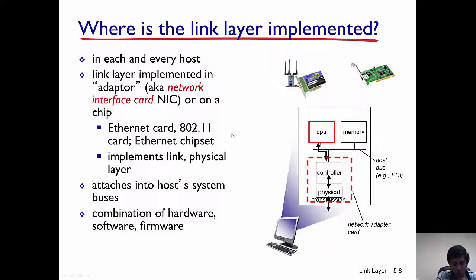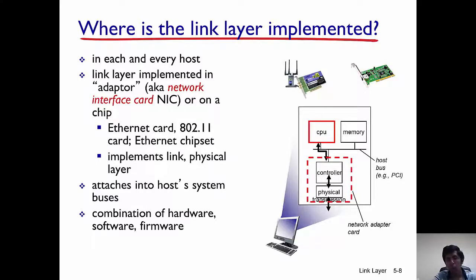Before we talk about error detection and correction, which is going to be in the later part of this lecture, I want to quickly talk about where the link layer is implemented. So far we have talked about the application layer, the transport layer, and the network layer. All the application, transport, and network layers are implemented in software. The link layer is implemented partly in software and partly in hardware.